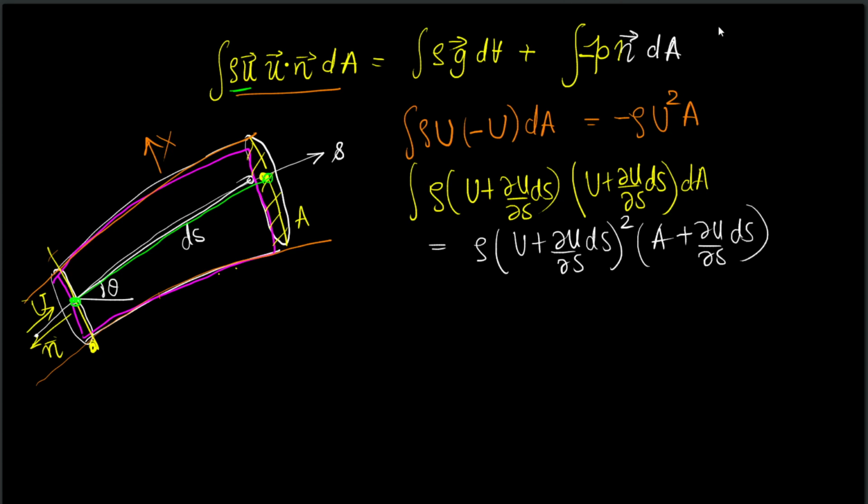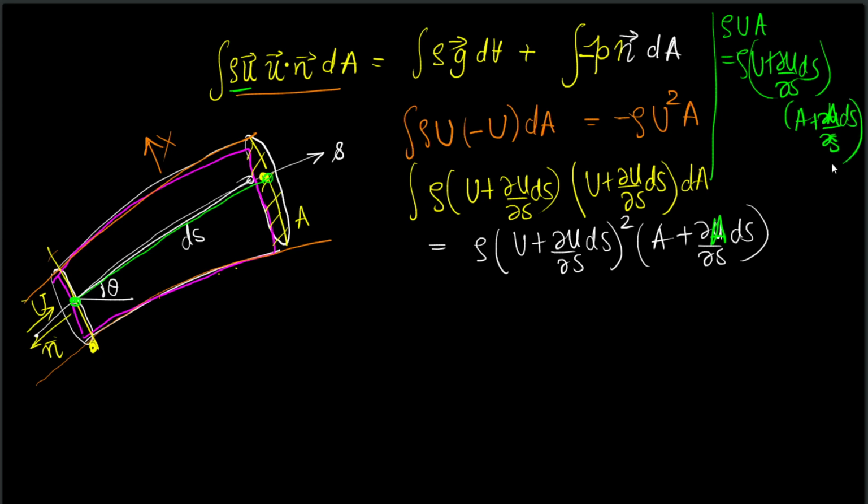But from the conservation of mass, we already know that rho u A is equal to rho u plus del u del s ds times A plus del A del s ds. All right, and this we can write down as rho u plus del u del s ds times one term u plus del u del s ds, times one term which will be A plus del A del s ds. So from the conservation of mass, we can write it as uA.